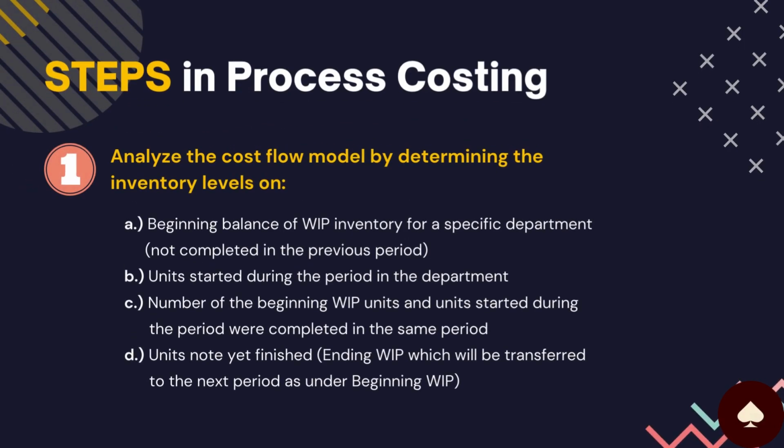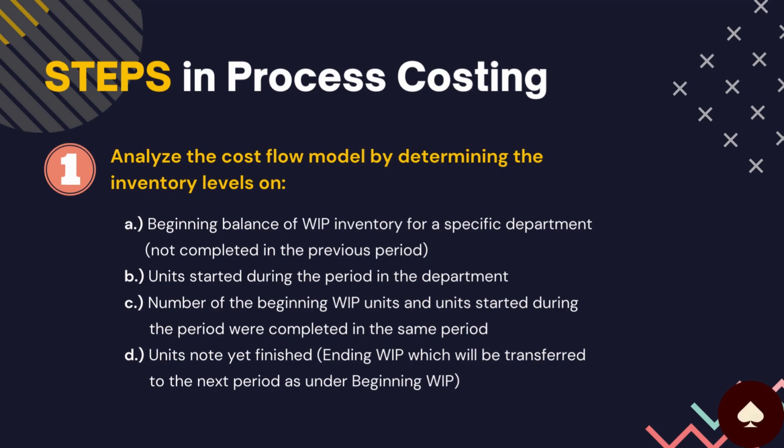Now, let us delve into the different steps that one must follow under the process costing system. The first step is to analyze the cost flow model by determining the inventory levels. Number 1, beginning balance of work in process inventory for a specific department.